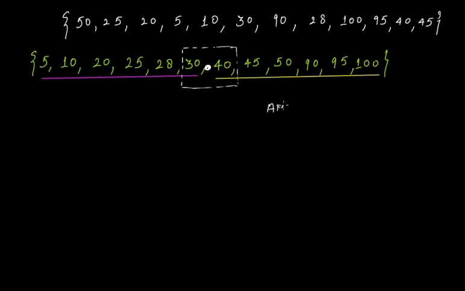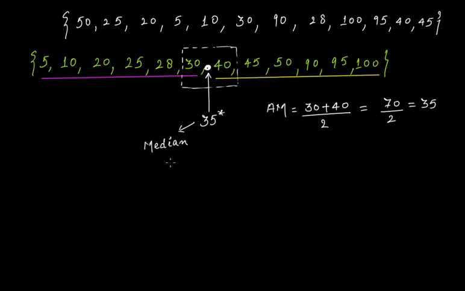So 30 plus 40 divided by 2, and this will be 70 divided by 2, that is 35. So 35 is the median in this case.